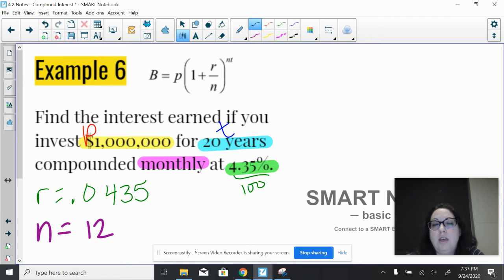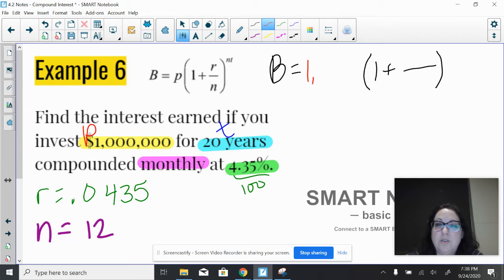So I'm going to go ahead and plug into my compound interest formula. The compound interest formula is going to be that principal amount times the quantity 1 plus my rate divided by n, to the nt.